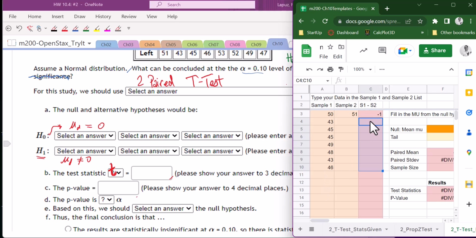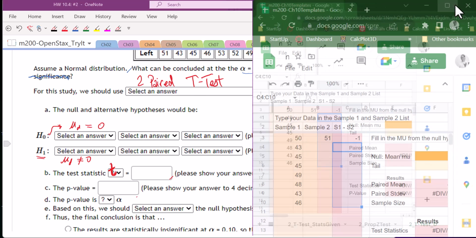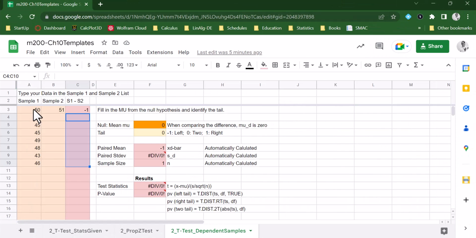Here is our Google Sheets, and in this template what we would do is put in the values for our sample. Now if this is a different problem with more or fewer data sets, we probably want to clear this all out and start fresh. In this particular case, I've inputted the values for the right eye, and then we would put the values for the second sample, and then from here we would subtract those 2.